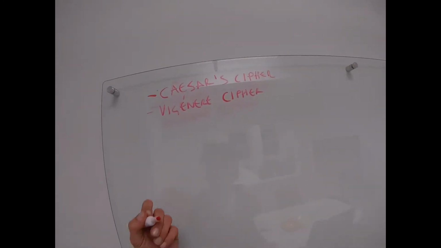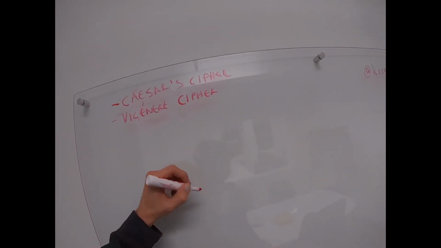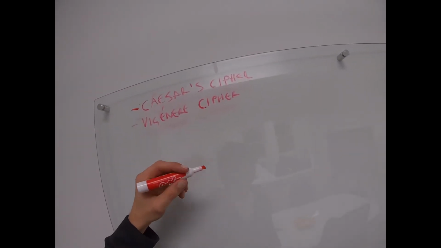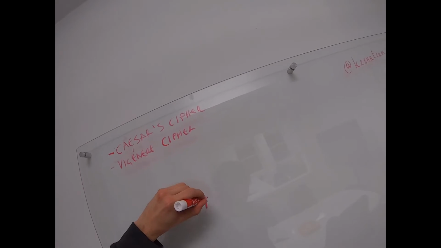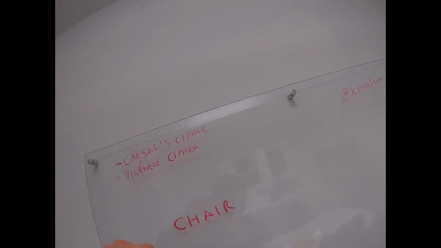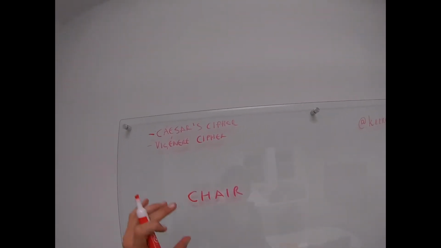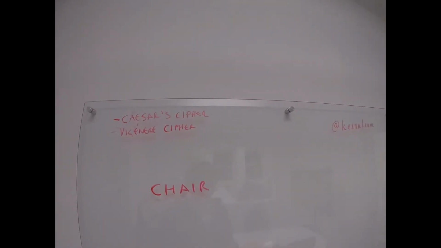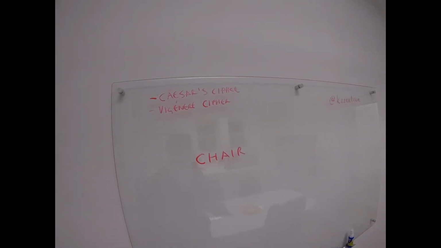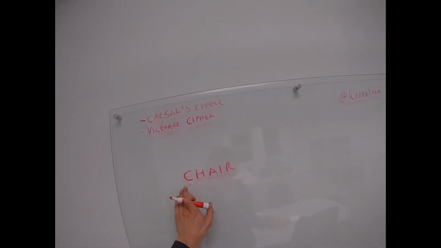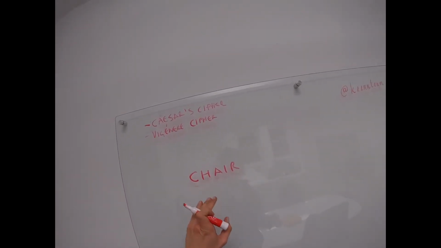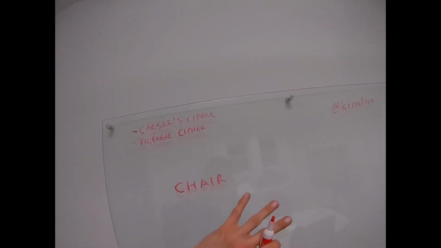Let's take a word like chair. Now that I have chair, I'm going to encrypt it using Caesar cipher. Caesar cipher consisted of using three shifts to change the plaintext into a ciphertext.